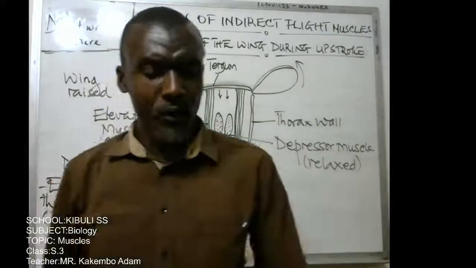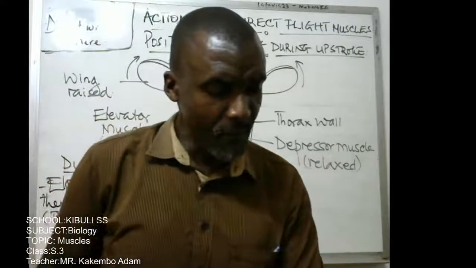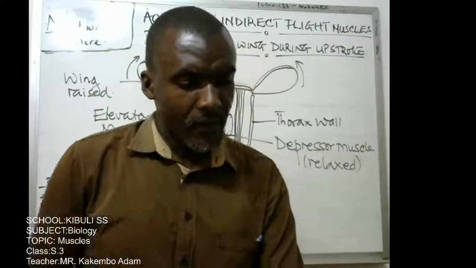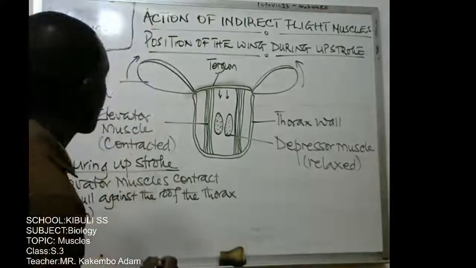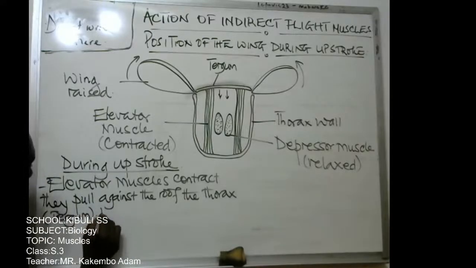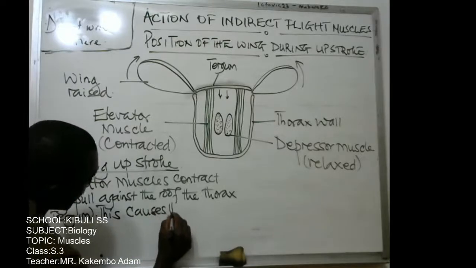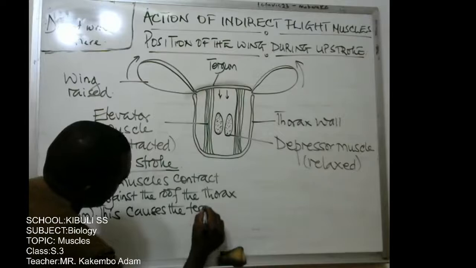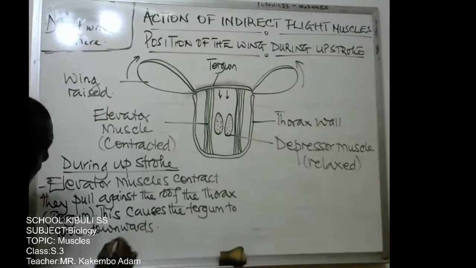So when they pull against the roof of the tergum, the effect is that the tergum is moved downwards. I repeat.